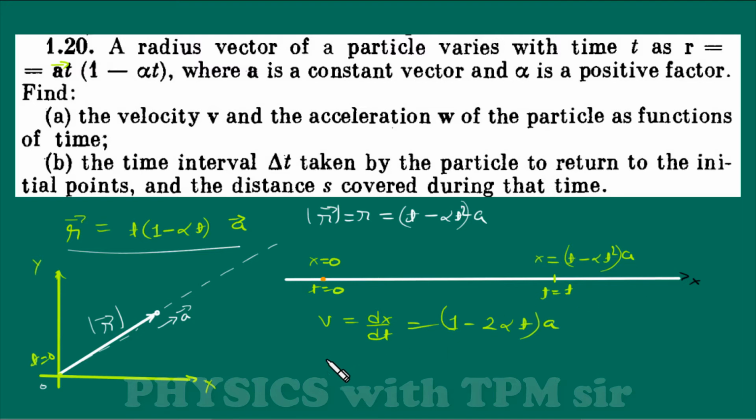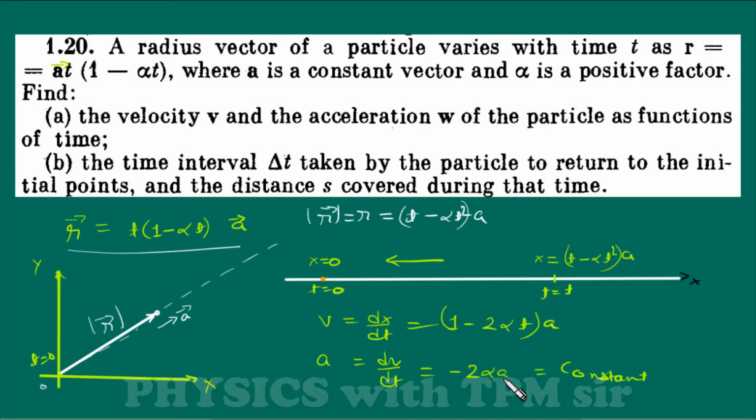Now if you want to find acceleration, differentiate it with respect to time, and we will get the first term as 0, minus 2α a. So that is constant. So this is a question of constant acceleration motion, and the minus sign indicates that acceleration is in the opposite direction.